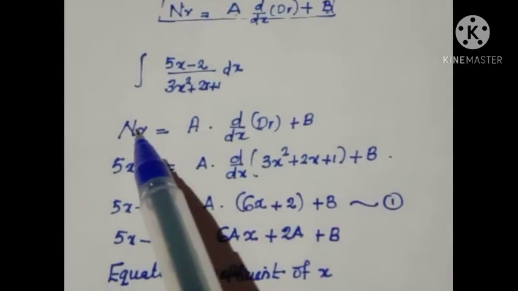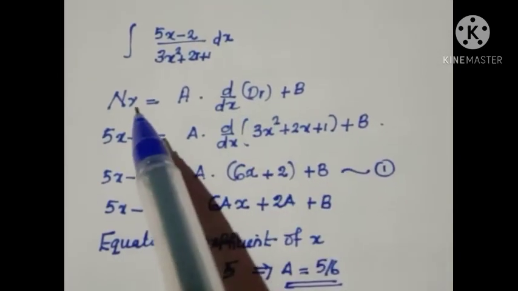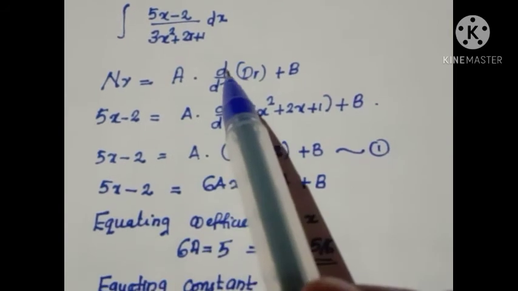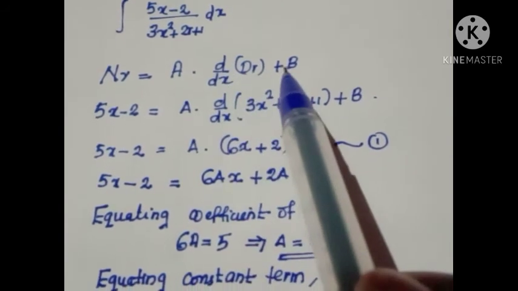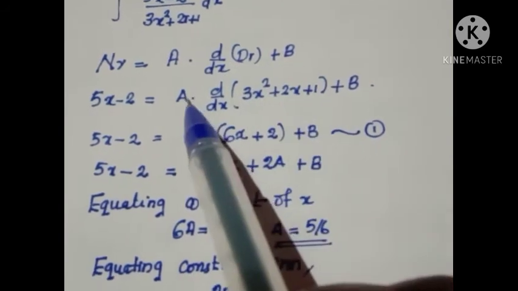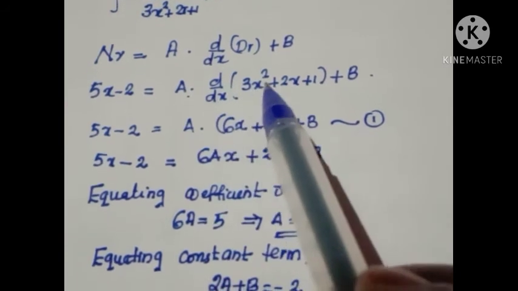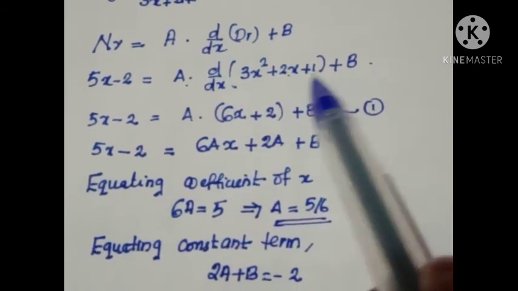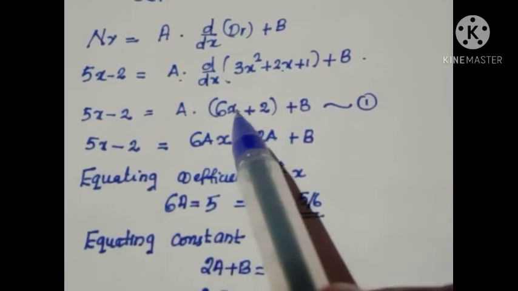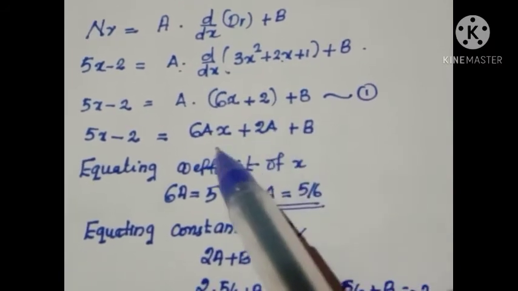So the first step is to convert the numerator using this expression: numerator equals a times the derivative of the denominator plus b. That is a times the derivative of 3x² + 2x + 1, plus b, which is a(6x + 2) + b.